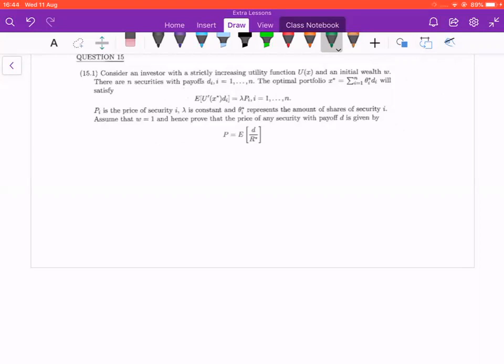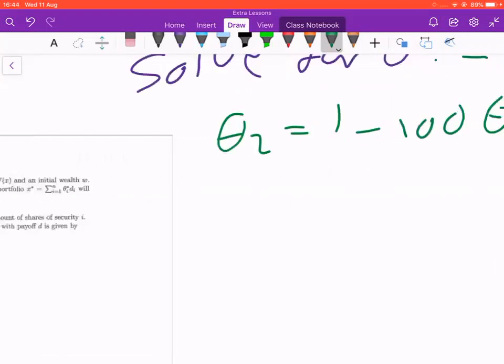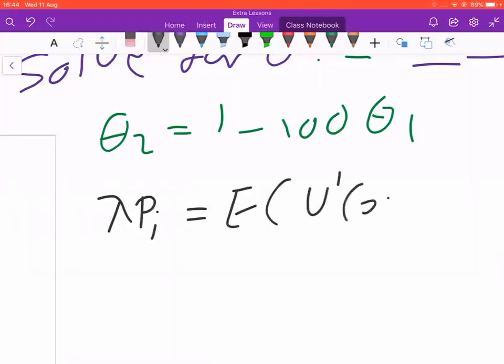So there are 2 sections under utility. One is for linear pricing, and then one is for portfolio choice. Actually, they are quite the same. If you don't mind, I can try to deviate from here. I hope everyone won't mind. So far, we have learned that lambda pi is going to be equal to the expectation of the utility of x star d.